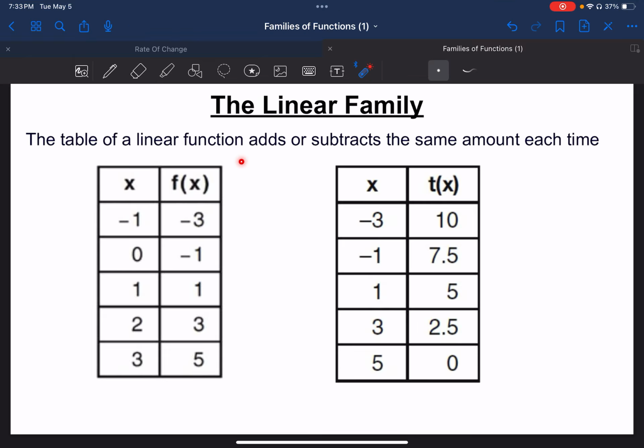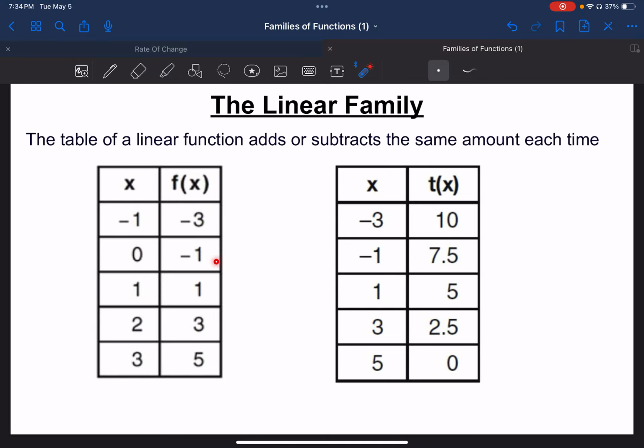So the table of a linear function adds or subtracts the same amount each time. For example, let's take this first table here. We see that the x values are going by ones, which is good. It's constant. It's going by 1.